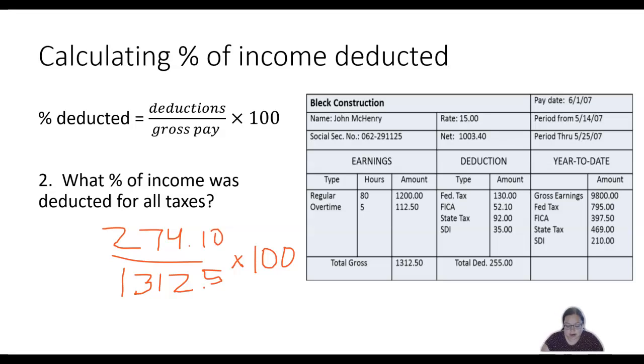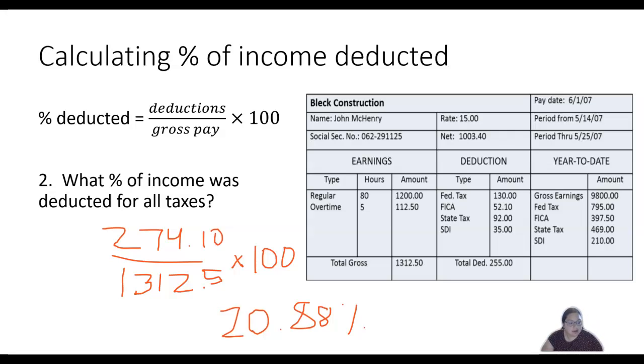It doesn't matter what we're finding, it's always going to be a divide problem and then a multiply problem. So when I find this, I find that John is paying 20.88% of his income into various taxes.